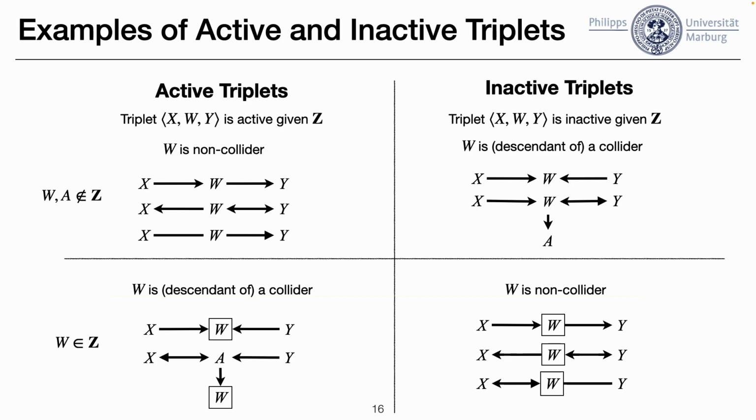It's pretty much the same, nothing different. The inactive triplets are, again, either with a collider where the collider and all descendants of this collider cannot be part of the set, or with a non-collider where the non-collider is part of the set. So the only difference is the different type of edge here.